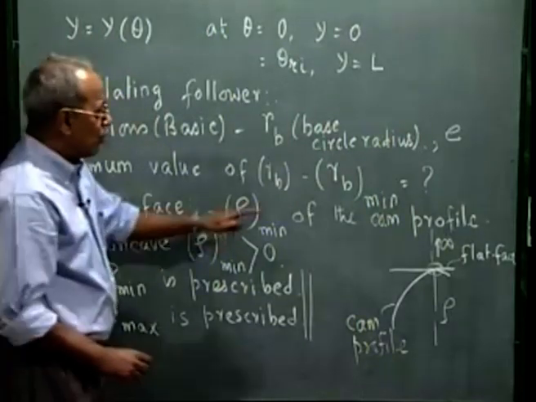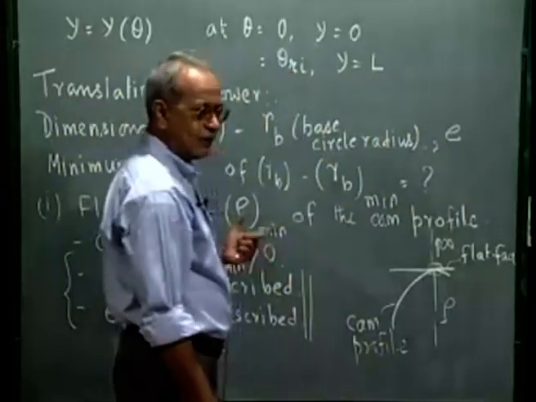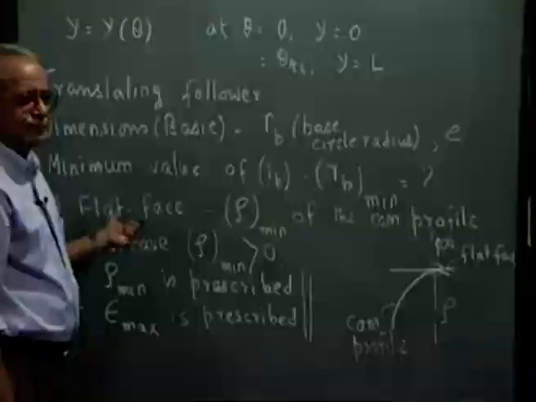How do we decide what is the minimum value of RB and that of the offset for a flat face follower?